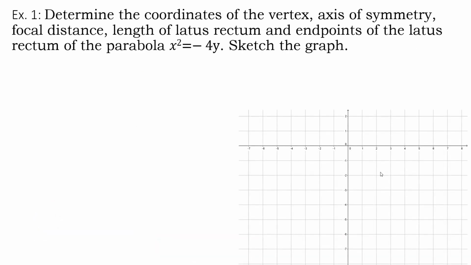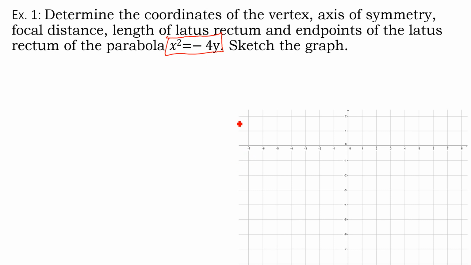Determine the coordinates of the vertex, axis of symmetry, focal distance, length of the latus rectum, and endpoints of the latus rectum of the parabola x squared equals negative 4y. And then you have to sketch the graph. Now take note that x squared equals negative 4y.